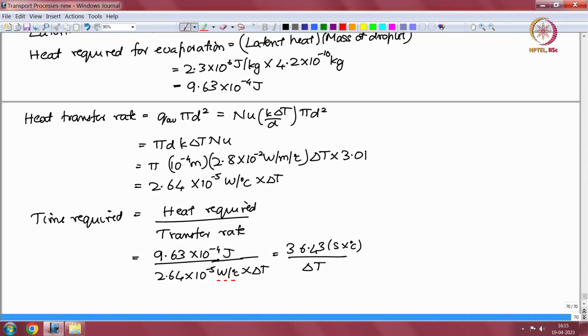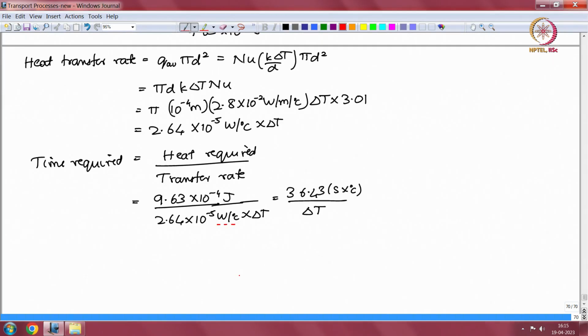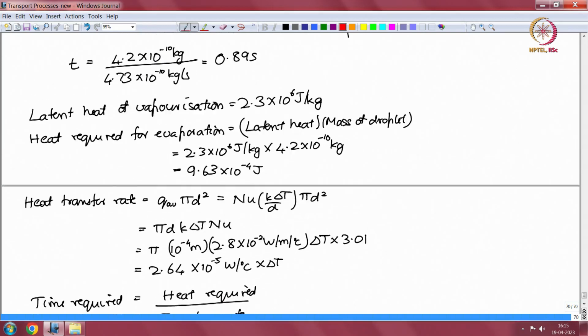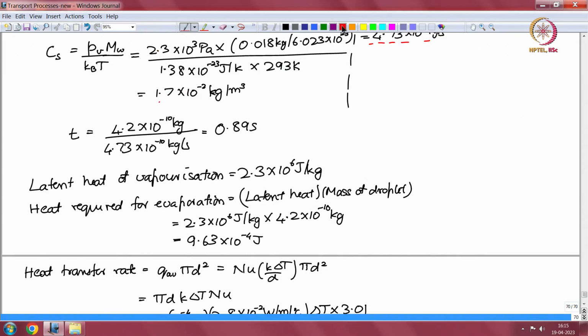Watt is joules per second. So, I get second into degree centigrade. And if I divide by temperature, which has the same dimension as degree centigrade, I will get ultimately the time in seconds.